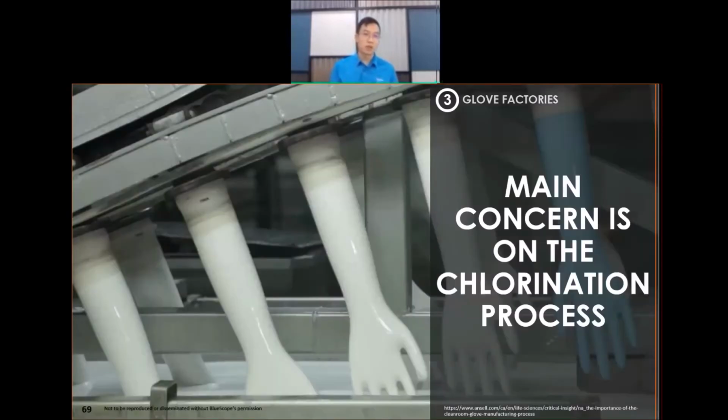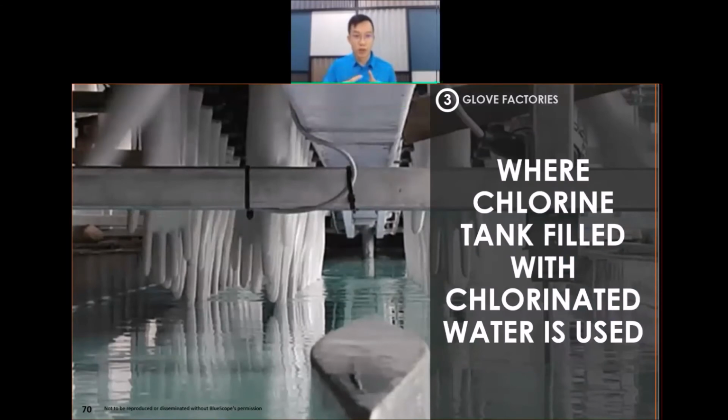The main concern for this chlorination process is that it will have a really huge chlorine tank filled with chlorinated water, where the gloves, after being formed on the former, will be dipped into this chlorinated water to allow for this feature of easy wearing and taking off of the glove.